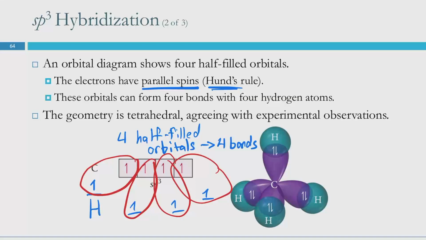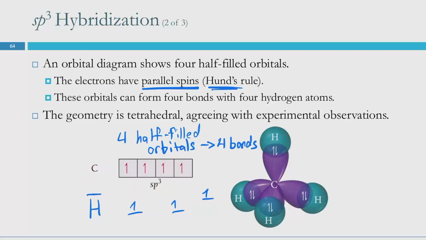We get overlap between the 1s orbitals of our hydrogens, which are not hybridized, and our hybrid orbitals. Questions about sp3?